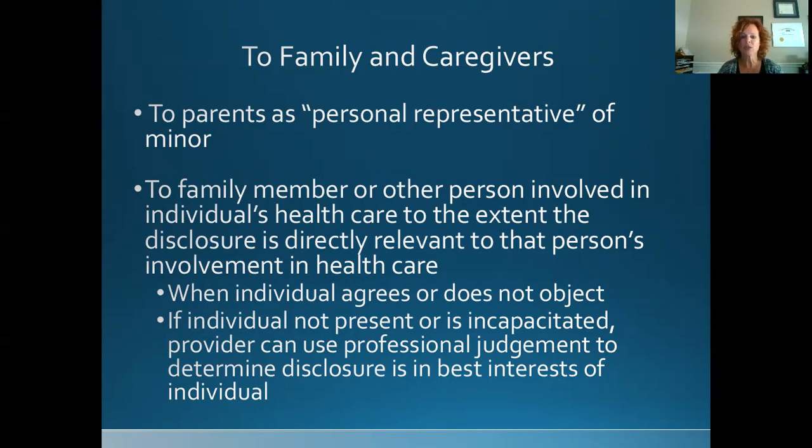When the person is present and has the capacity to do so, they must be given the opportunity to agree or object to the disclosure, and if they are not present or they're incapacitated or it's an emergency situation, the provider can use their professional judgment to determine whether that disclosure is in the best interests of the person, and they can go ahead and make the disclosure accordingly if they make that determination.